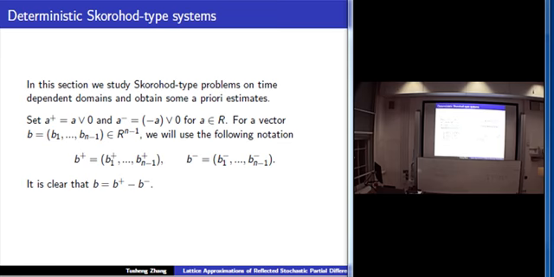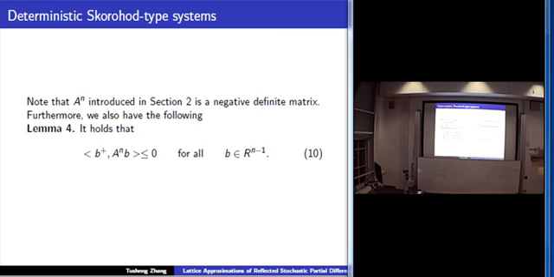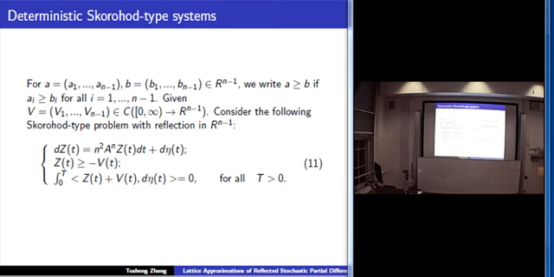Now, this is our deterministic system. We are given an (n-1)-dimensional continuous function, which will be the barrier of my system. This is completely deterministic, nothing random here. Given a barrier, let's consider this system, where this is the matrix associated with the discrete Laplacian.